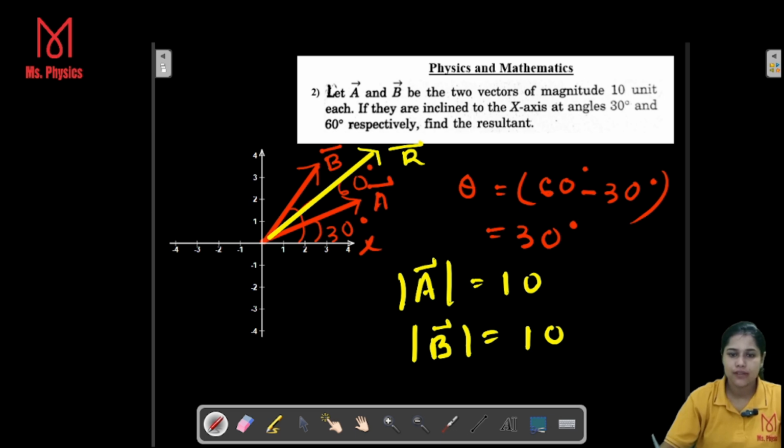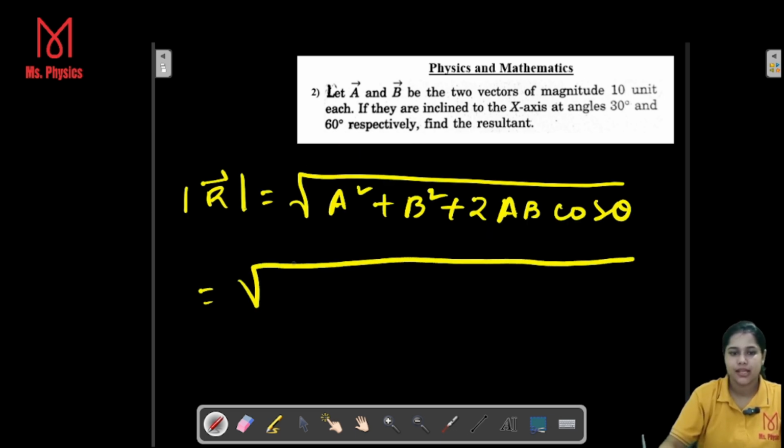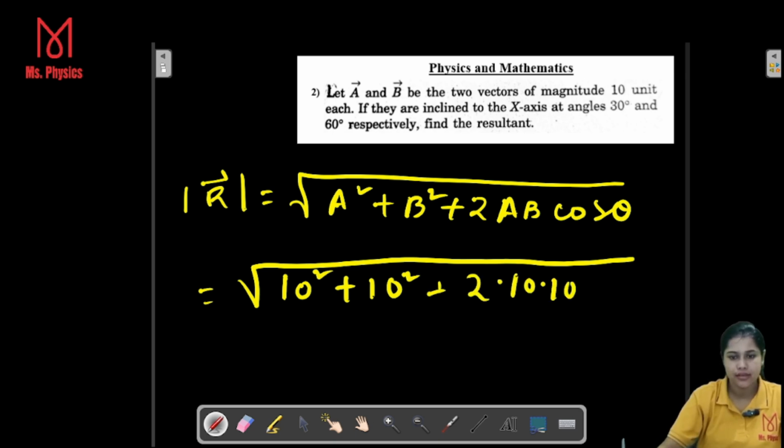So you know all the values, you just have to put them over here. That is, here you have 10 square plus 10 square plus 2 into 10 into 10 cos of, you have to put the value of theta, that is 30 degrees.